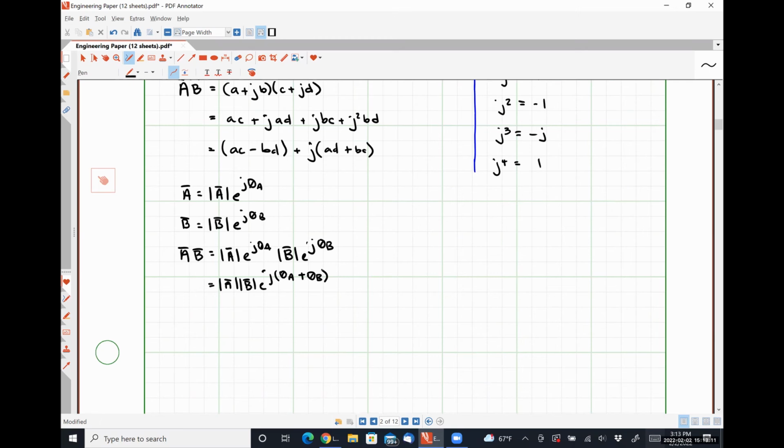So multiplication is typically easier to do using exponential or polar form complex numbers, right? The result of multiplication using polar form complex numbers is simply the magnitude of A times the magnitude of B, angle theta A plus theta B. Since again, our polar form representation is nothing more than a shorthand notation of our exponential form, they have to contain the same information.